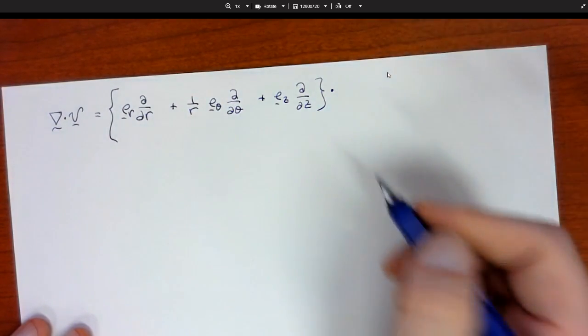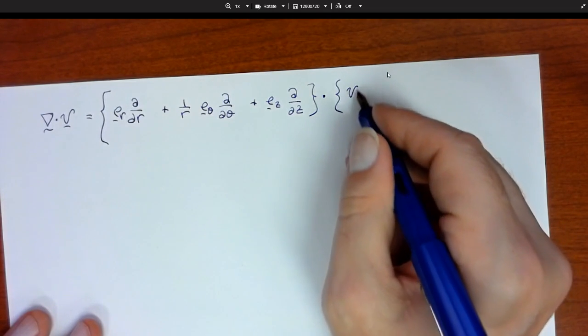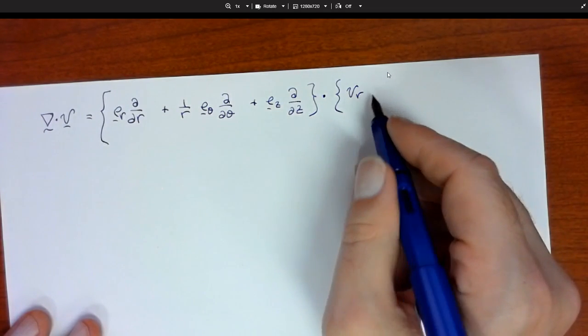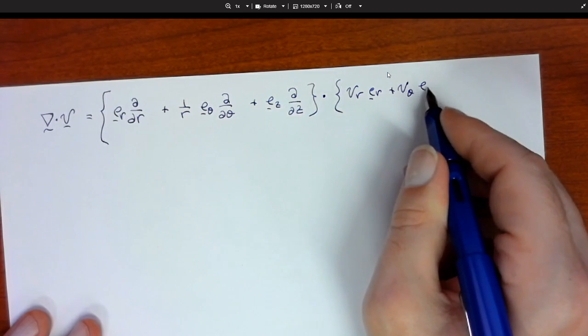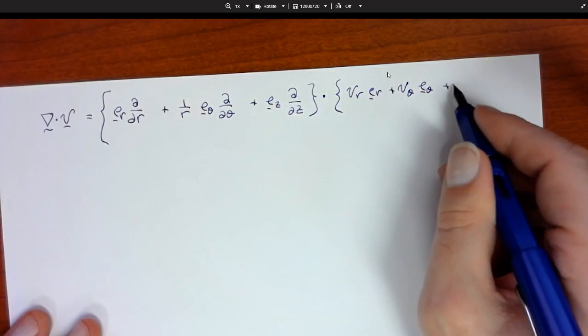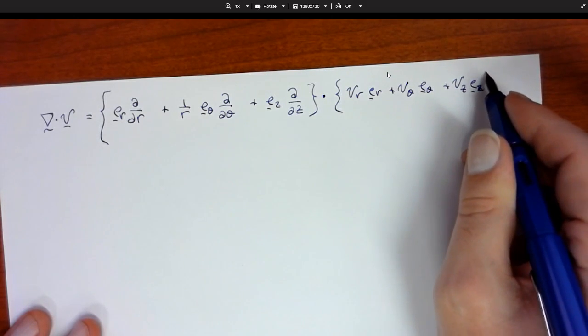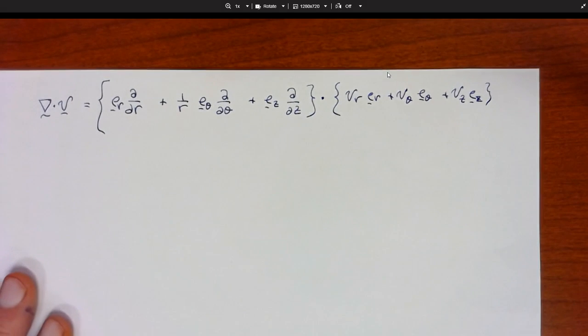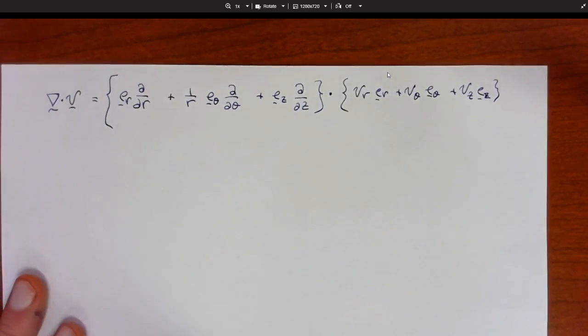And I'm going to dot that with V, which is just Vr in the er direction, V theta in the e theta direction, Vz in the ez direction. So you can use the index notation on this as well, but I'm writing it out explicitly because it avoids confusion, okay?